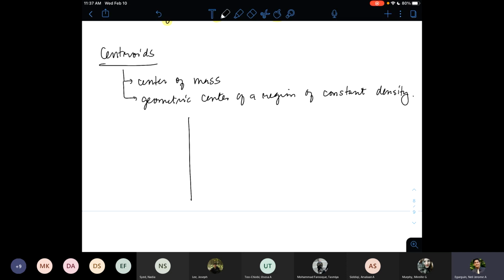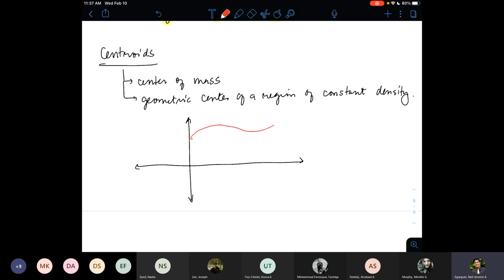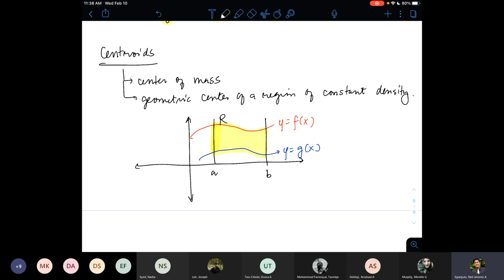So basically, if you have a region R, bounded by say two curves, y equals f of x and y equals g of x over the interval AB. So this is our region R. Okay, so we will be looking at the geometric center of the region. So the centroid is this point here, which lies in the center.